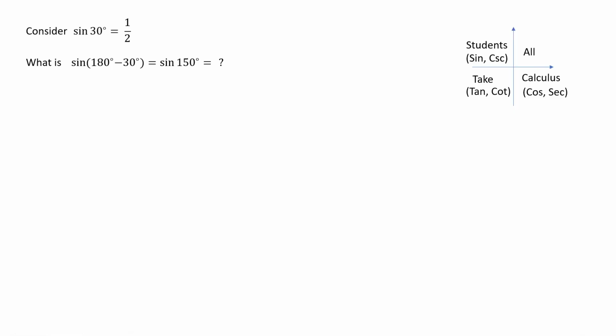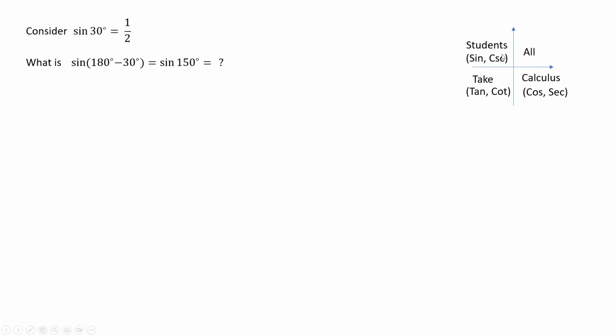The only question for us is, is it positive 1/2? Is sine 150 going to be positive 1/2 or negative 1/2? That would be the question that we would have, right? And that's when we say, hang on, 180 minus 30 degrees, 180 degrees is this one, minus some 30 degrees should put you in the second quadrant.